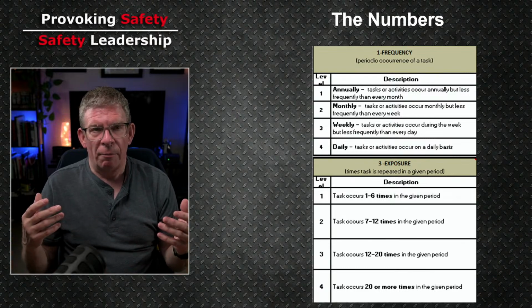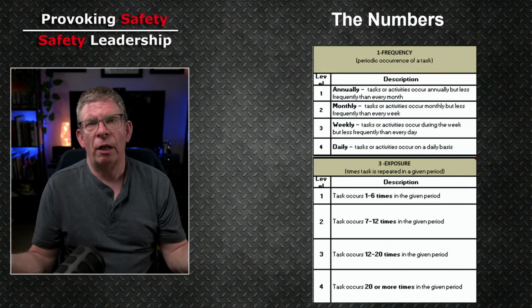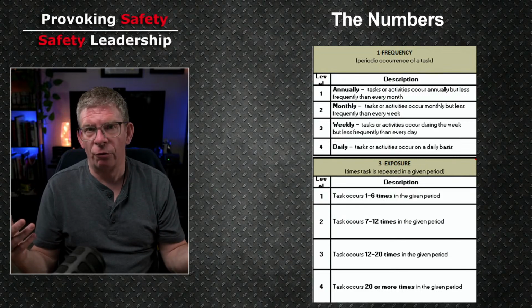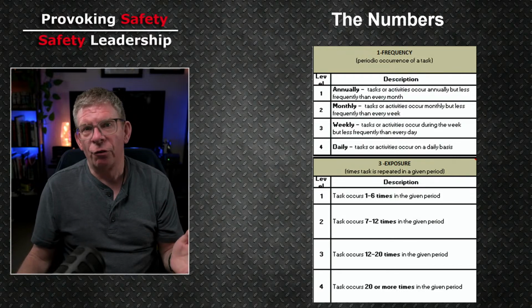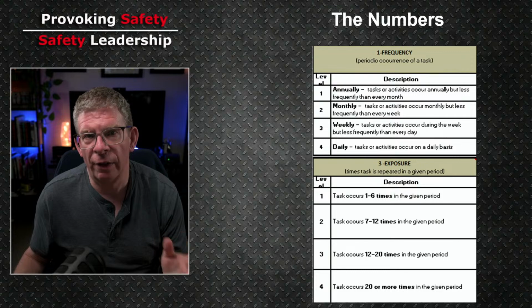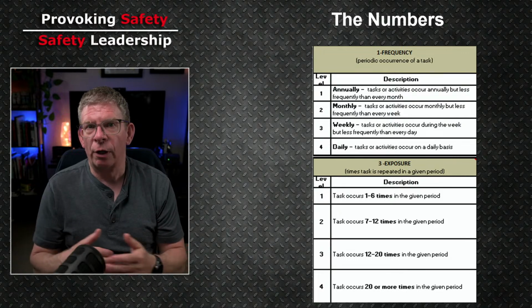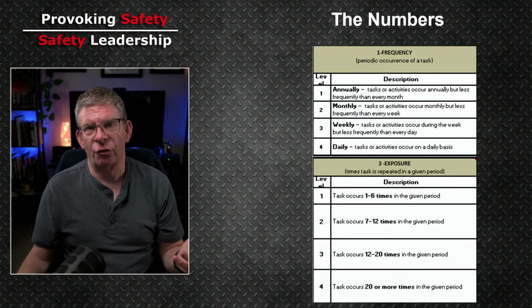So if it's 2 or 3 times a year, then it's annually, right? But if it's monthly, these are activities that occur monthly, but less frequently than every week. And then finally, 3 is weekly, which are tasks that occur during the week, but less frequently than every day. And then daily tasks are 4.